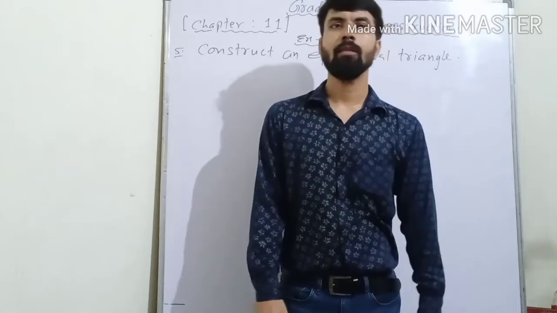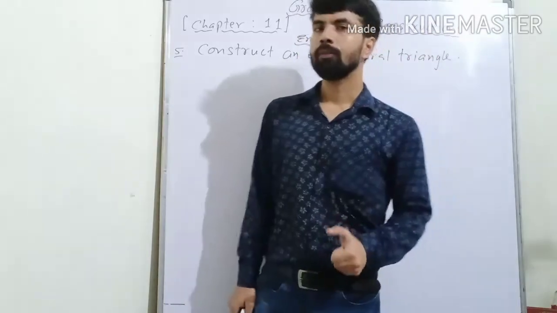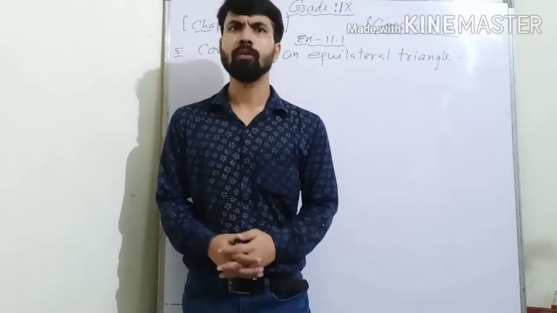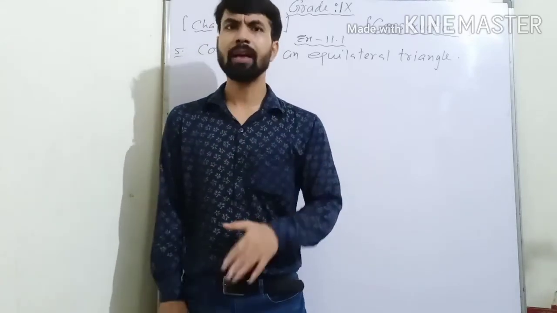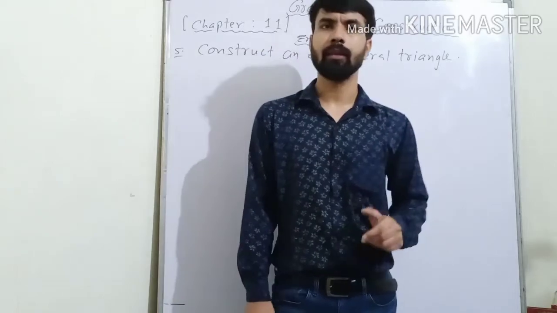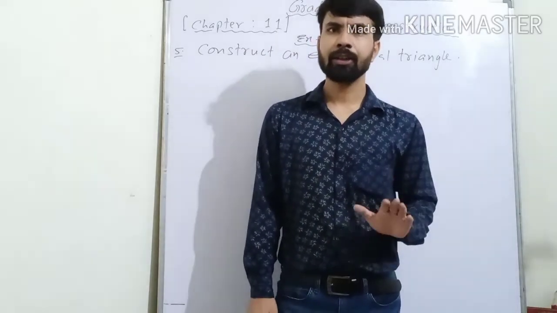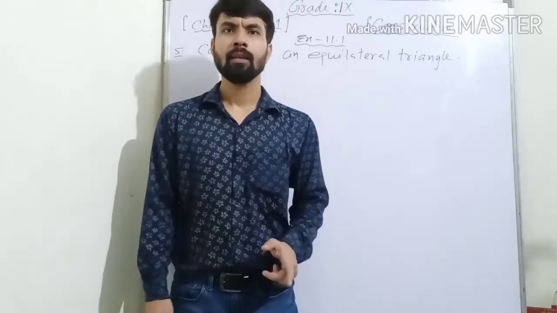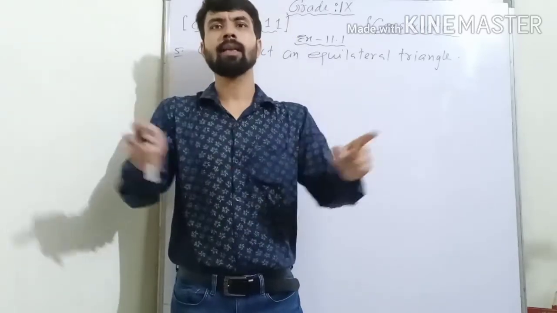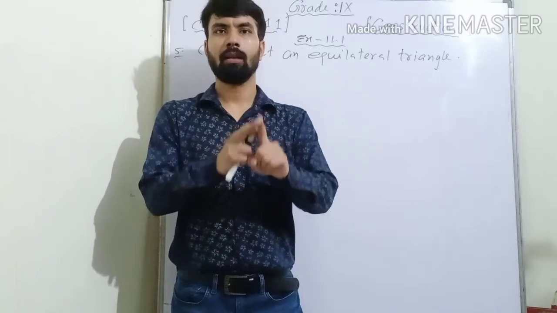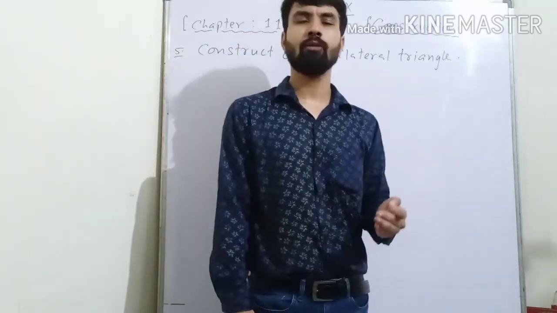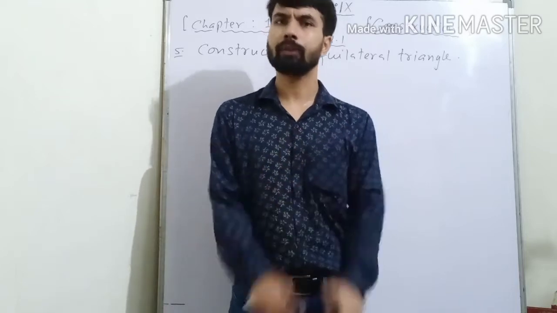So first of all, before constructing this triangle, we should know what is an equilateral triangle. And I know most of you know very well what an equilateral triangle is. Am I right? Yes. An equilateral triangle is a triangle in which all three sides are equal.